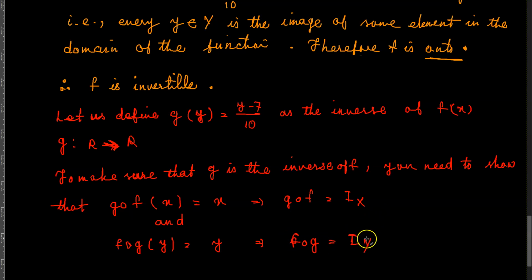Which means that f o g is the identity function on the codomain of f. Then you need to show this, and if you can show this, then that implies that g is the inverse of f, right?